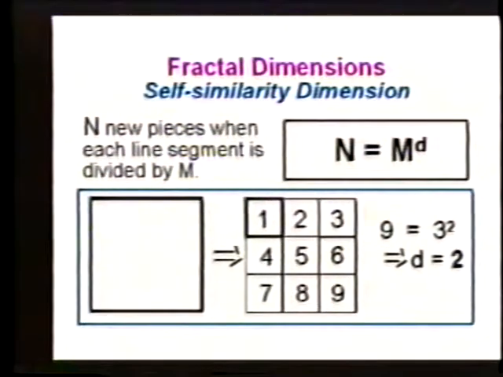Now here, I've also cut each line segment into 3 pieces for this object, which is a square area. When I cut each line segment here into 3 pieces, 1, 2, 3, 1, 2, 3, now we have 9 little squares. So each of these little squares, again, is self-similar, looks like a smaller copy of the big square. So now 9 equals 3 squared, so that means that the dimension of this thing is 2.